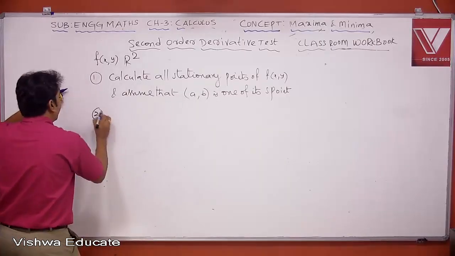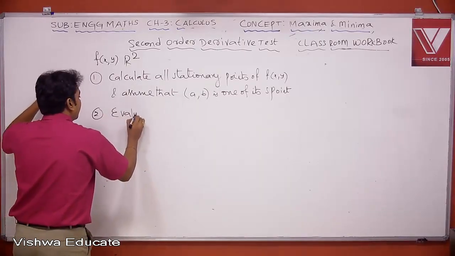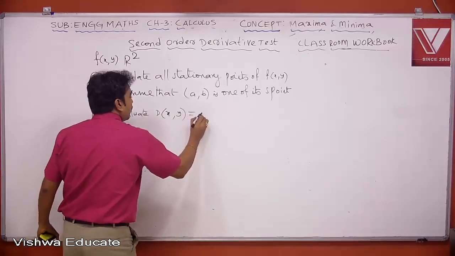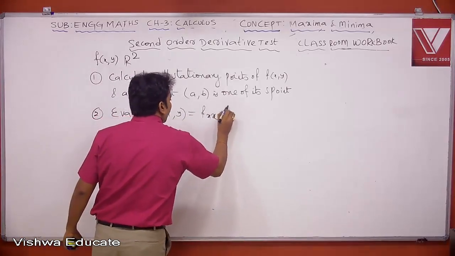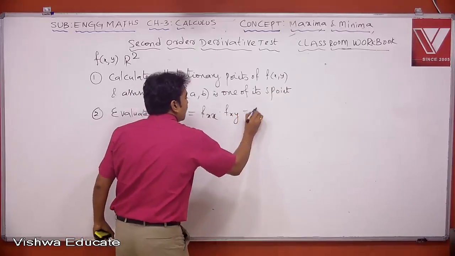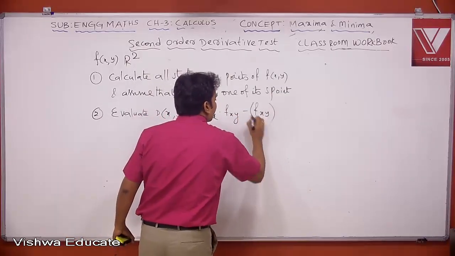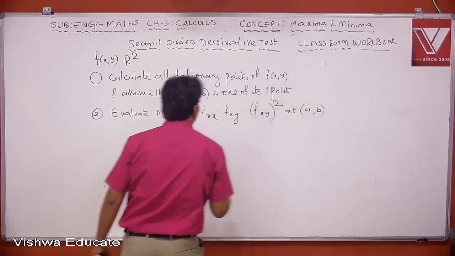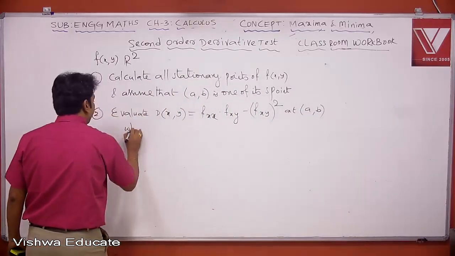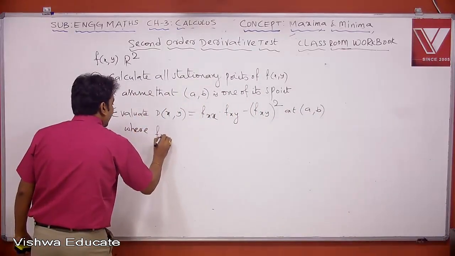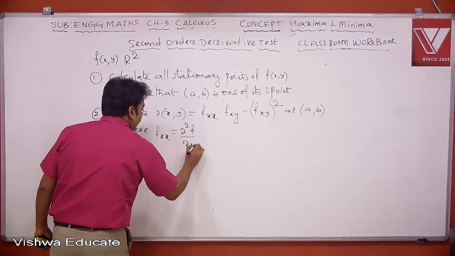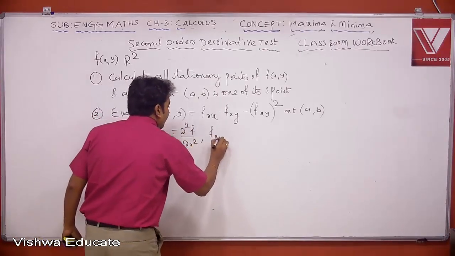Now step 2. Evaluate d of x comma y equal to fxx into fyy minus fxy whole square at the point a comma b. What is this fxx? This fxx is nothing but the second order partial derivative of f with respect to x.